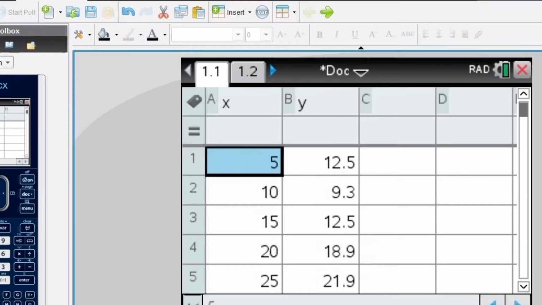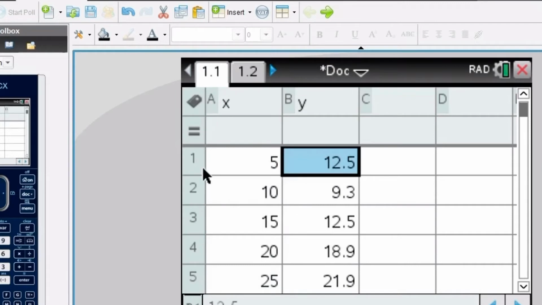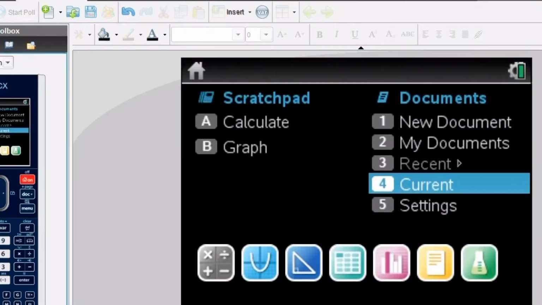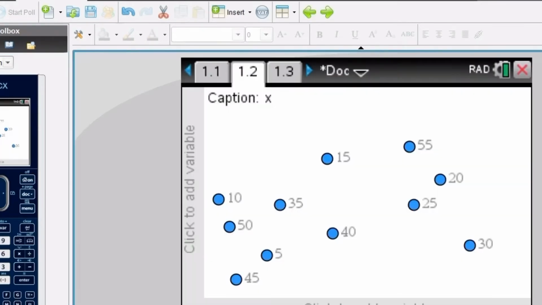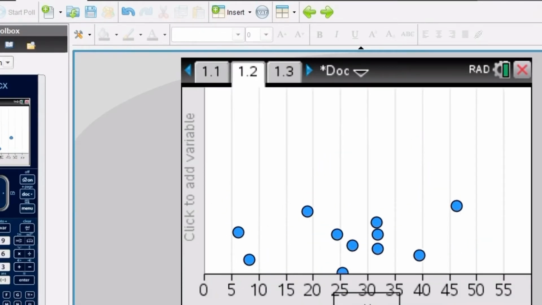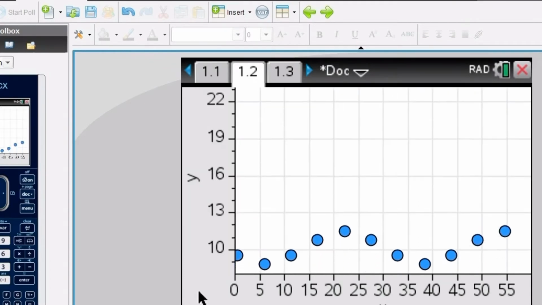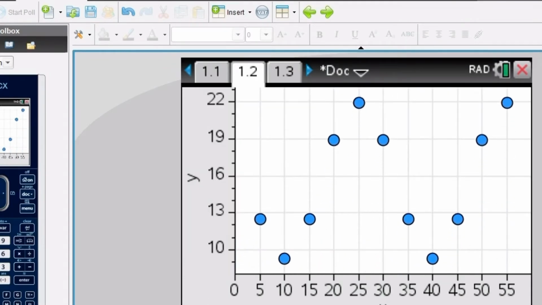Then go to my graph and I've got my X and Y axis, all my data in, and then I'm going to go home and go to the bar chart, the purple app, which is here. We're all familiar with this from regression. I'm going to add my X variables, then my Y variables, and you can see that it makes some sort of trig function there based on the data given.